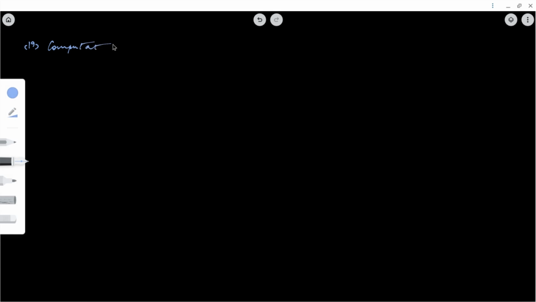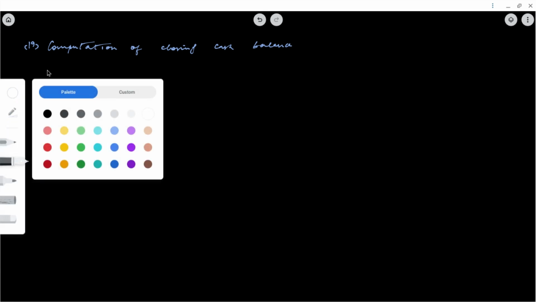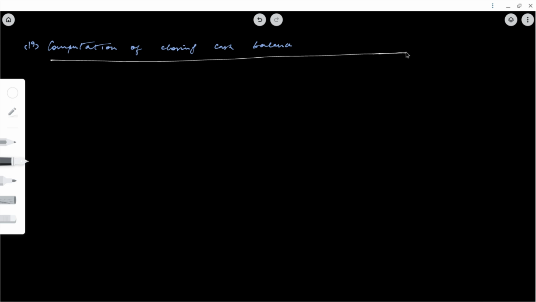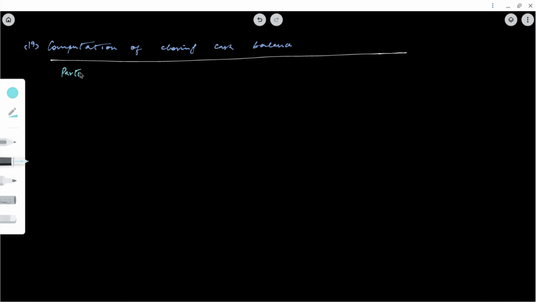Computation of closing cash balance. Particulars, working, amount in rupees, right?